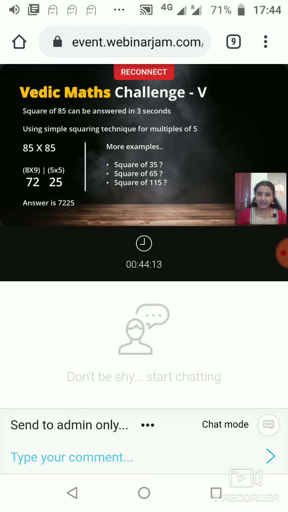13225 is the right answer. I'll repeat it for you. Whenever you have to square any number that ends with 5, the squaring answer also ends with 5 only. The question, if you see it, is 85. Leaving 5, the remaining number is only 8. What is the consequent number of 8?